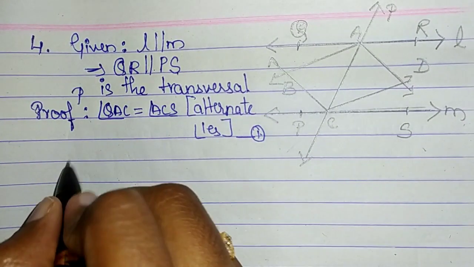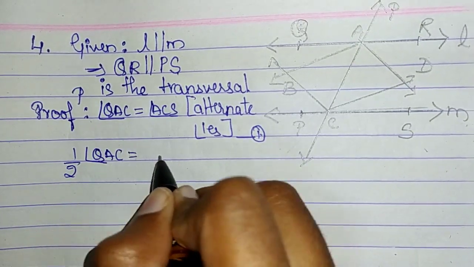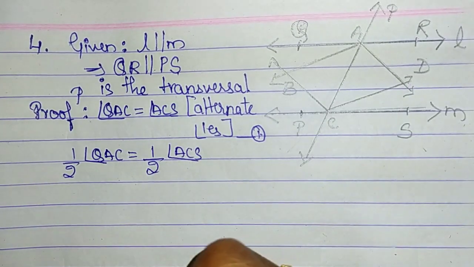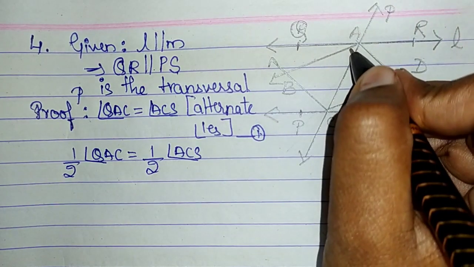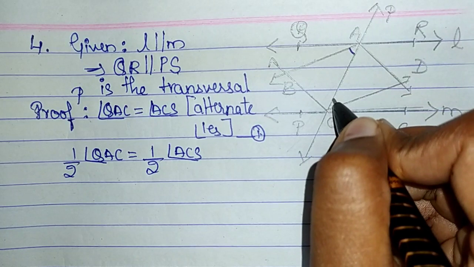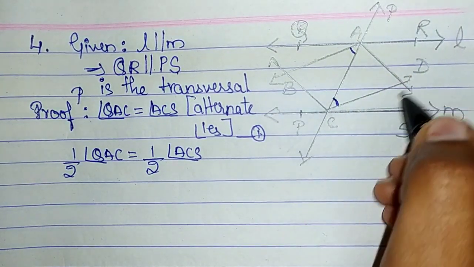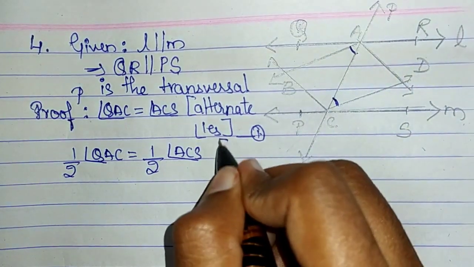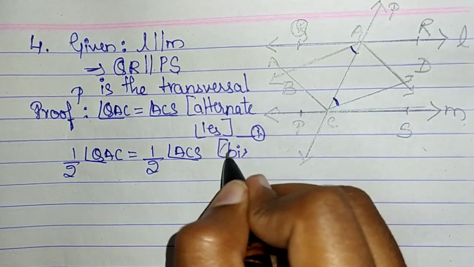So now half of angle QAC is equal to half of angle ACS. If 2 is equal to 2, then half of that 1 is equal to 1. So half of angle QAC is equal to half of angle ACS. These are the halves because AB and CD are bisectors of those interior angles, no reason is required here.